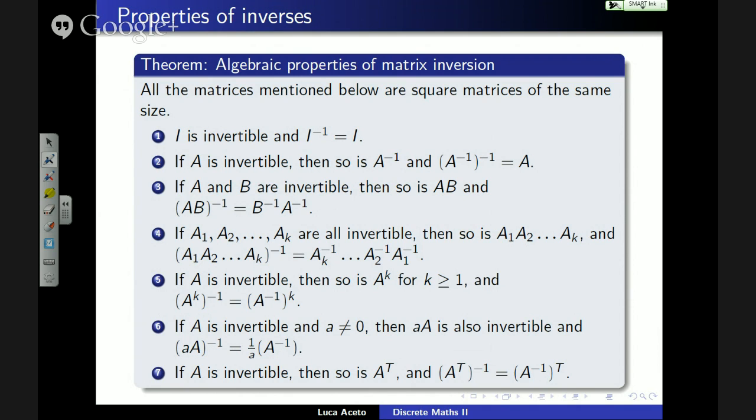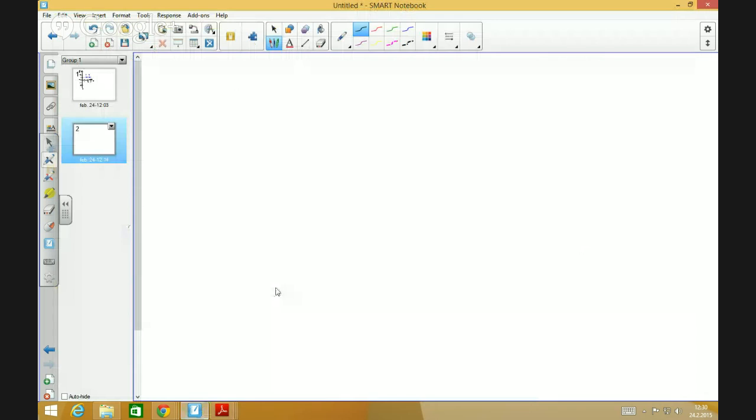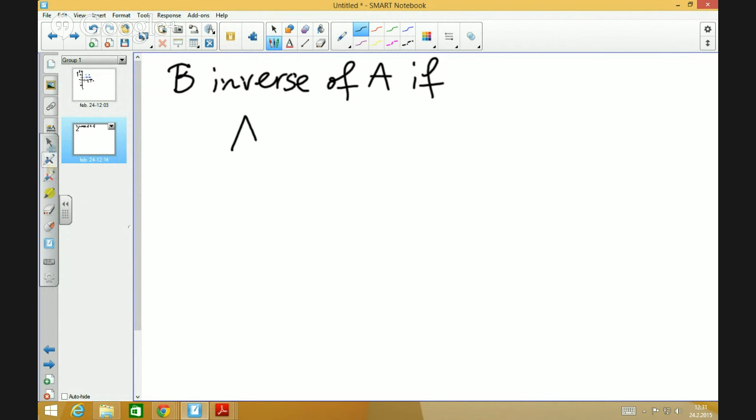Okay, one of your colleagues down there is saying a matrix B is an inverse of matrix A if the following is true: A times B equals B times A, and this is the identity matrix.